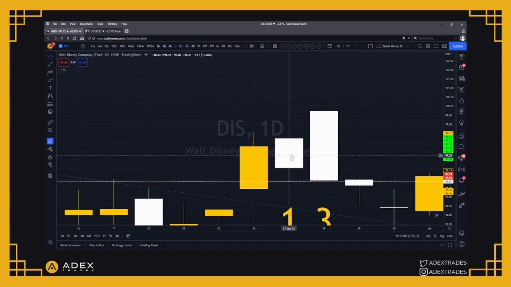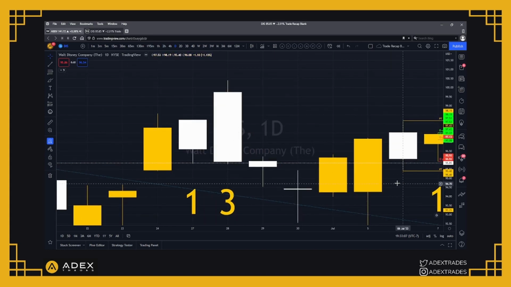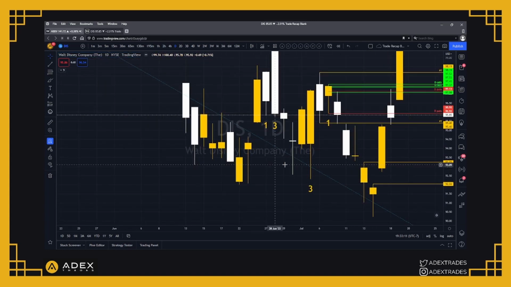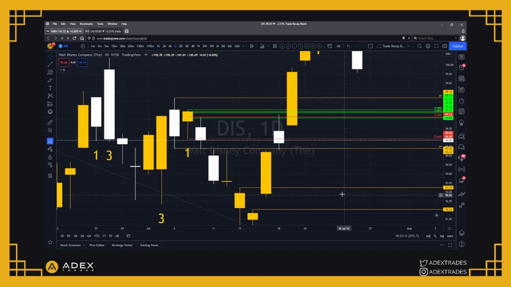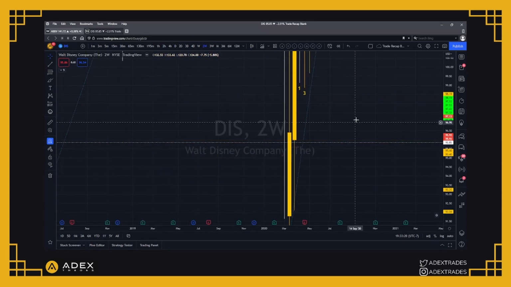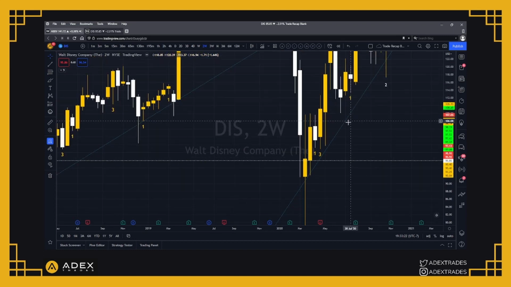I'm actually glad that we're talking about this, because there's a misconception. Let me see if I can find an example. It would be like a monthly or a 2-week, something like an inside bar on the 2 week.